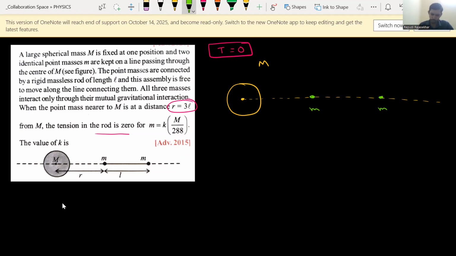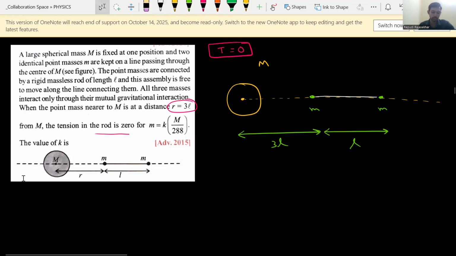From here to here, this distance is given as, from the center of the spherical object to the first particle, 3L, because the r value is mentioned as 3L. The distance between both particles in the question is mentioned as L. Now these two particles are connected with the help of a rod, and the rod is massless. There is no mass for the given rod which is connected between the particles.